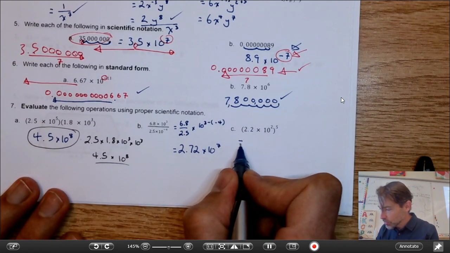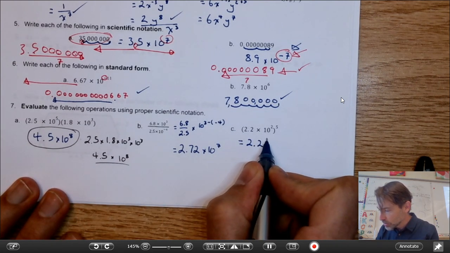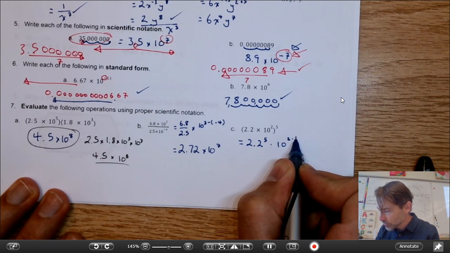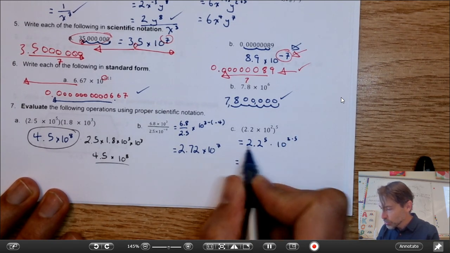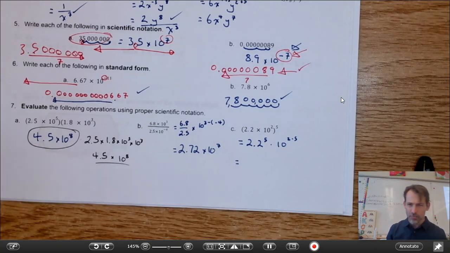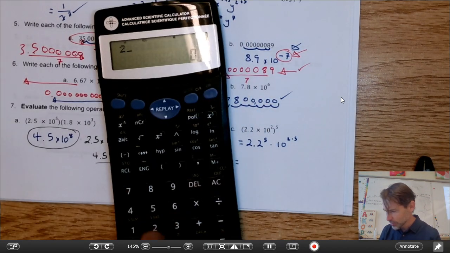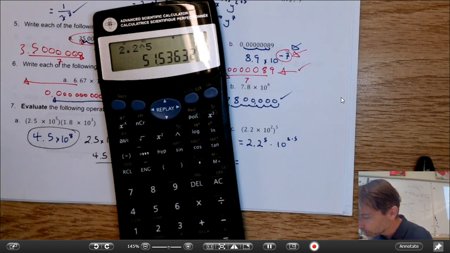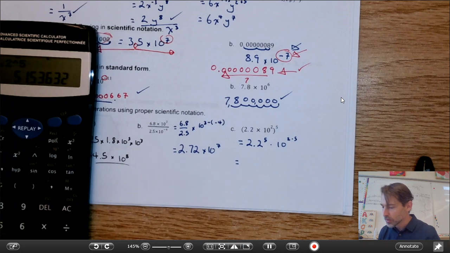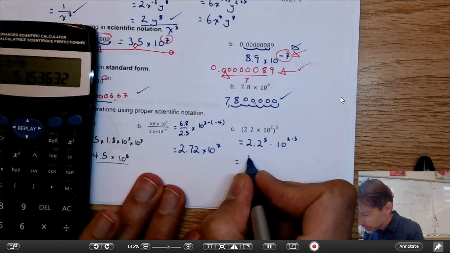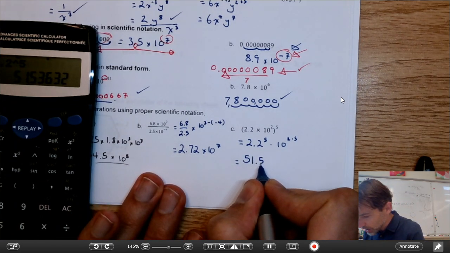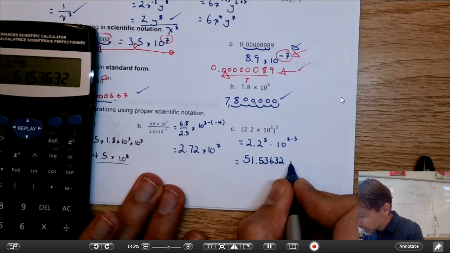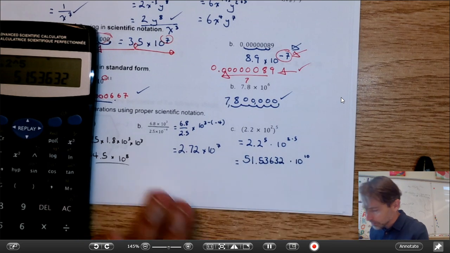So this is equal to 2.2 to the 5 multiplied by 10 to the 2 times 5. So that's 2.2 to the 5, some number in the 50s somewhere, I think someone told me, raised to the power 5 is equal to 51.53632 times 10 to the 10.